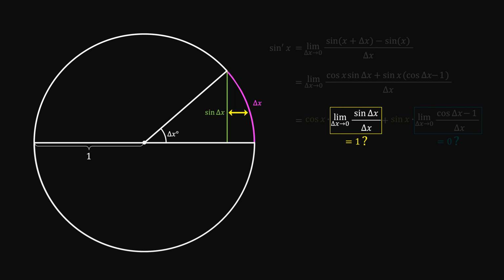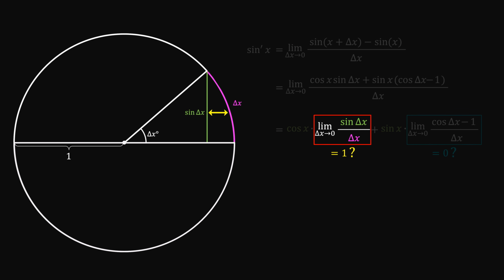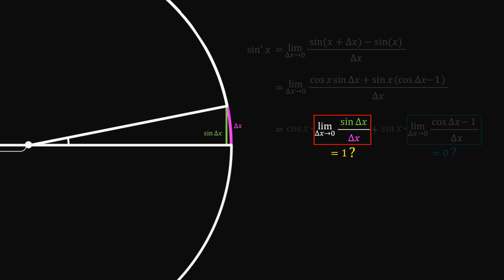Now, let's see if it makes sense to think that the limit of these two ratios would approach 1. When the angle is big, it's hard to say how these two compare. But as the angle gets smaller and smaller, seems that the height is similar to the arc length, right? So it's worthwhile to try to prove this.